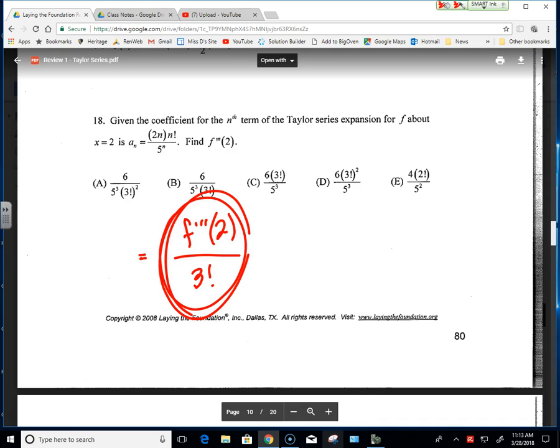Wait, nth term, not the nth degree term. Hold on. Nth term, not the nth degree term. It wants us to find the third derivative. The third derivative would go with the third degree term. That would be the fourth term, though, of the expansion, wouldn't it? I would plug in 4, unless they just didn't word the question well.